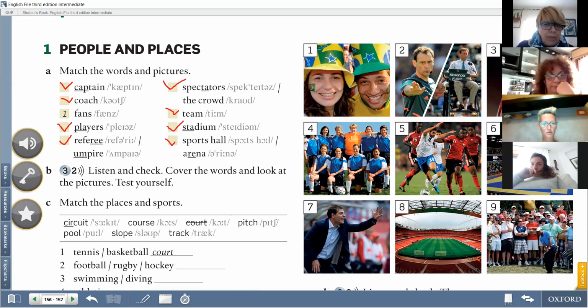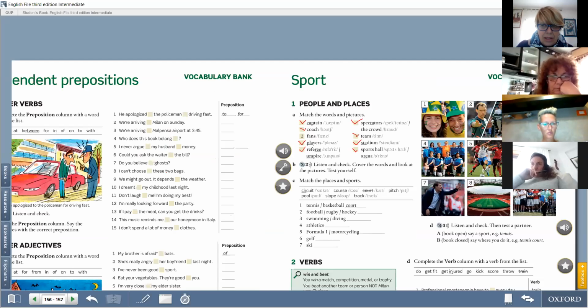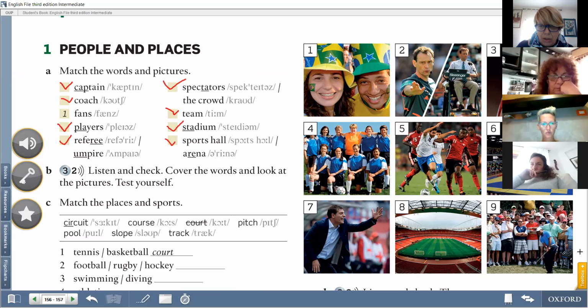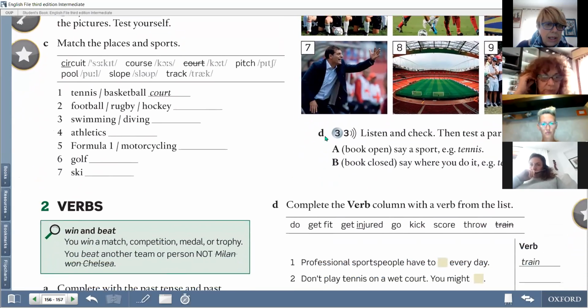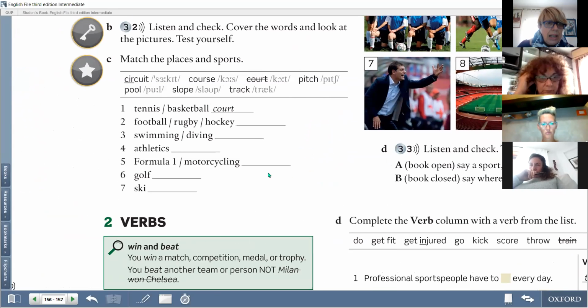Now we are going to see the sport places. I want to go down without writing on my book, but I think I can't. I have to take it off and go down. So now we have places and sports. Not all the places have the same name. It depends on the sport.